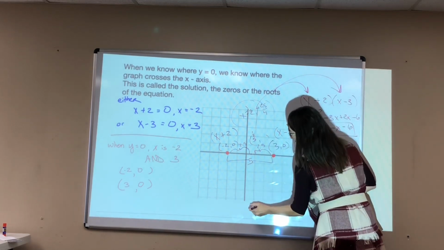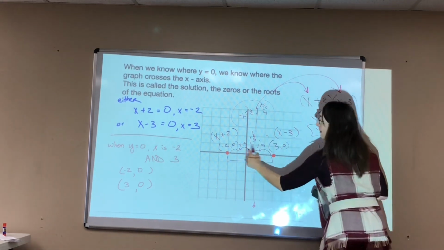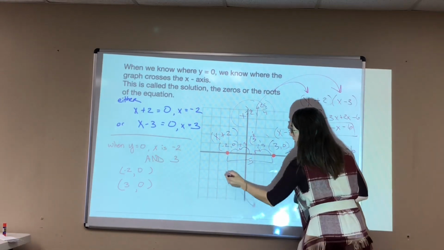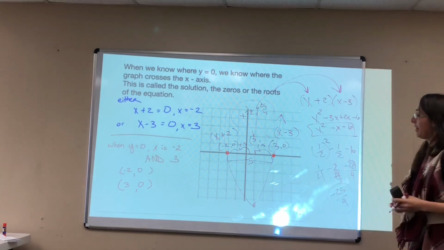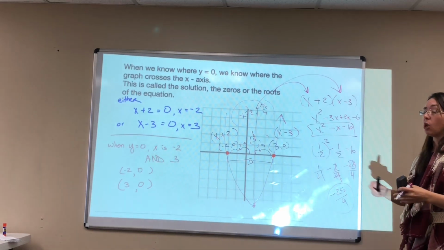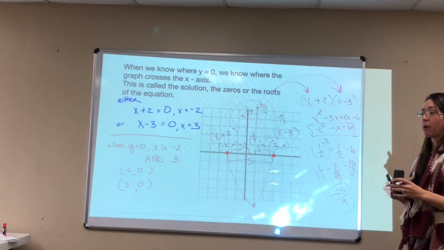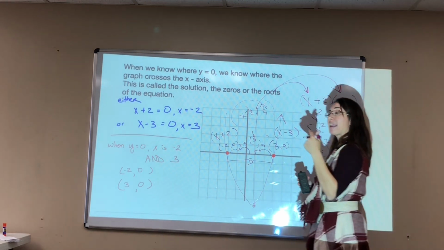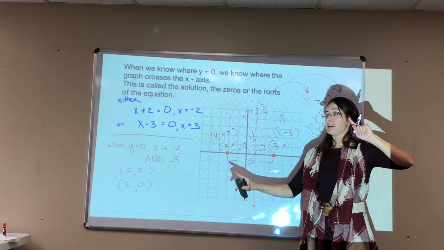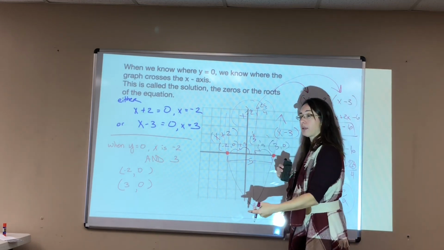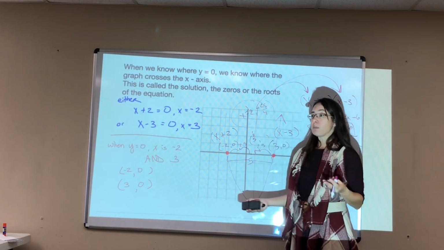Which means he's down here. And if he has to go there, that means my parabola faces up. And now we have 3 points, and as long as you have 3 points, you can draw any parabola. So what do we notice? When we had a linear equation, we had to have 2 points to draw it. When we have a parabola, we need 3 points to draw it.